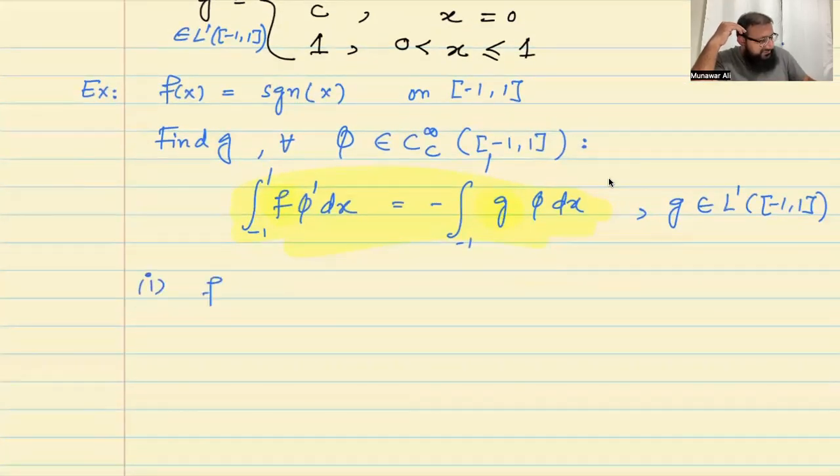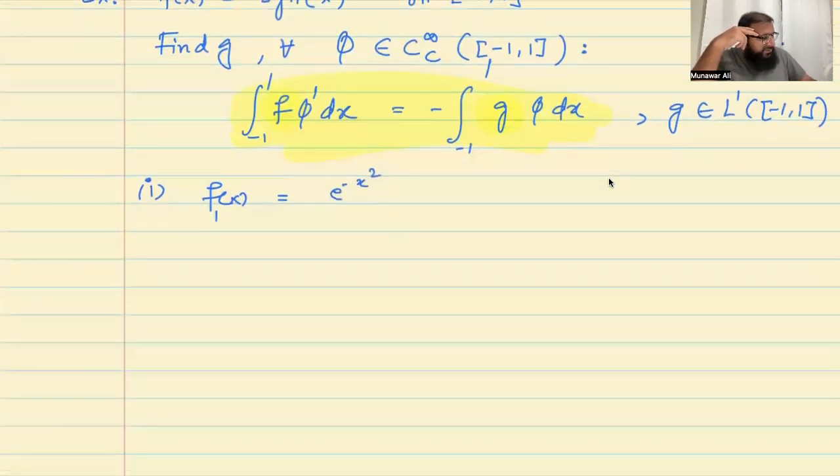I'm taking a function f of x, let's say I'm naming it f1 of x, over the whole domain: e to the negative x squared. I think this function looks like this. It's a bell-type curve.